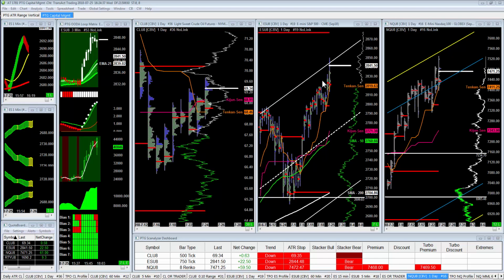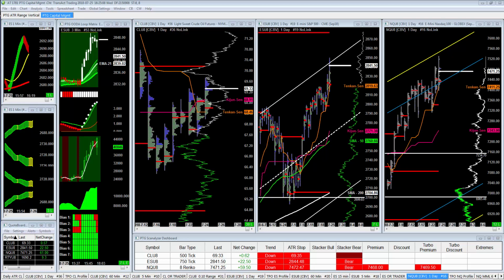So once you have an understanding of how the layout is in one of our instruments, when you move over to another instrument, the layout is going to be exactly the same. So you don't have to learn 3 different layouts. You learn one layout, you apply it the same way to any instrument that you want to focus on.